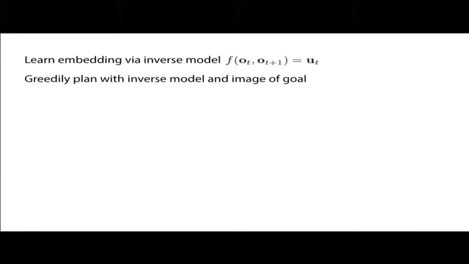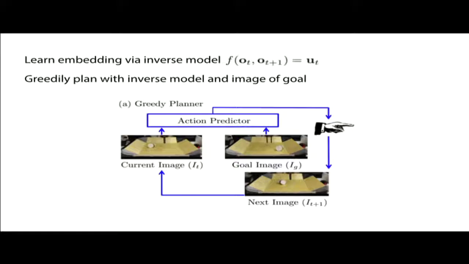Then, once they had this inverse model, they greedily planned with the inverse model and an image of the goal. They took the current image and the goal image. It's possible that there isn't a single poke that can get you from the current image to the goal image, but they passed the images through the action predictor, which predicts the poke that you can take to get from the current image toward the goal image.